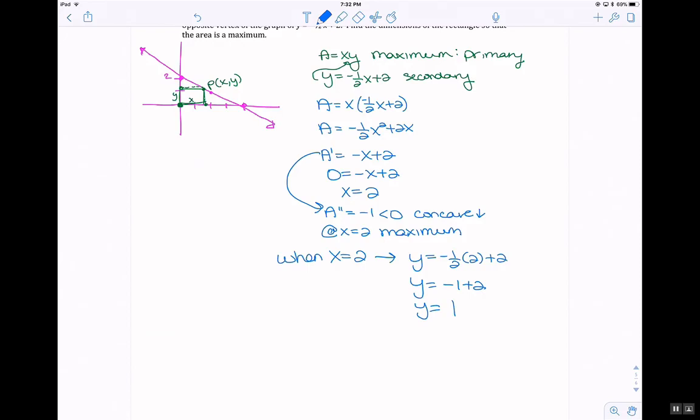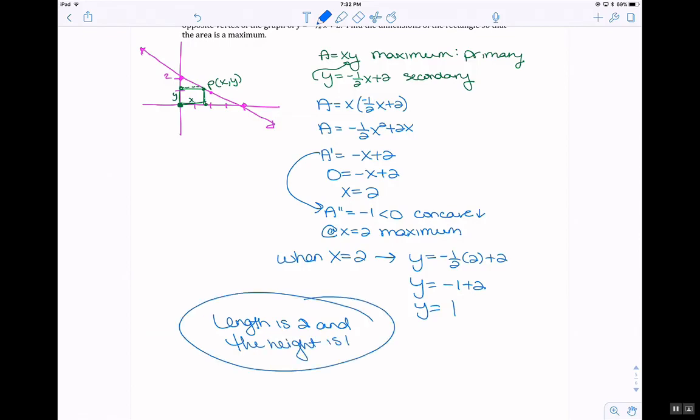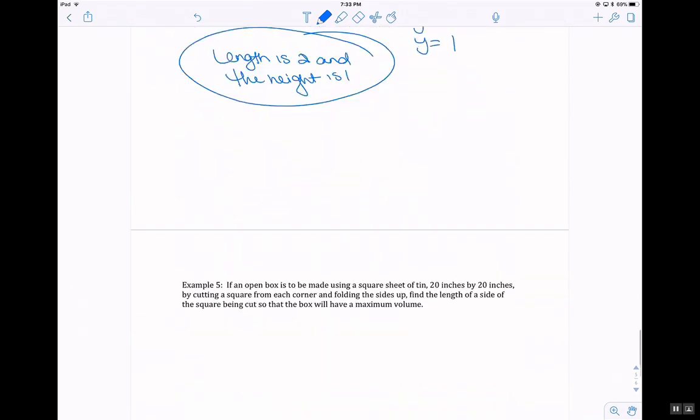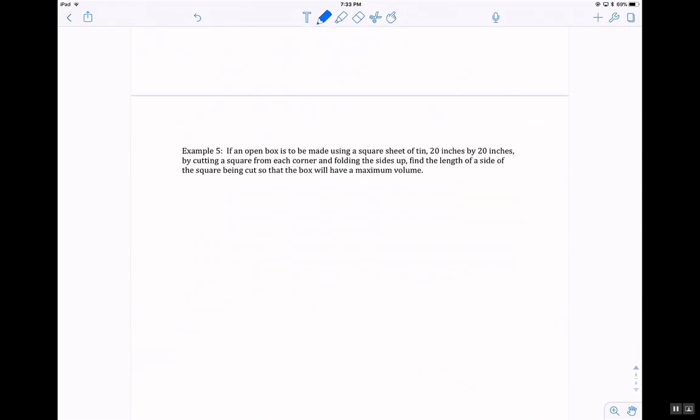So y equals negative 1 plus 2, so y is equal to 1. So the dimensions of the rectangle: the length is 2, and it doesn't give any units, and the height is 1. Okay?